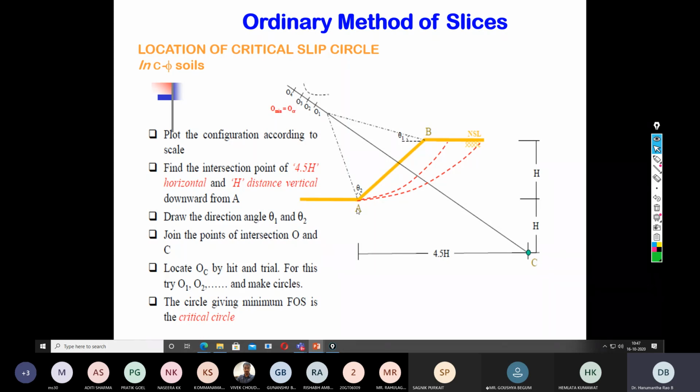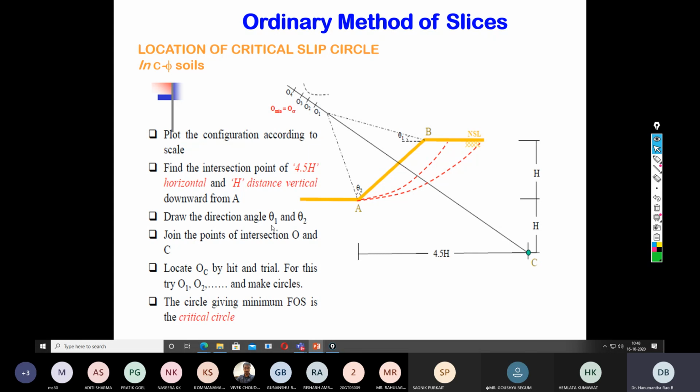Find the intersection point: this is 2h and this is 4.5h from point A, and h distance vertically down from A. When I know 2 times h and 4.5 times h, I can easily identify the point C.